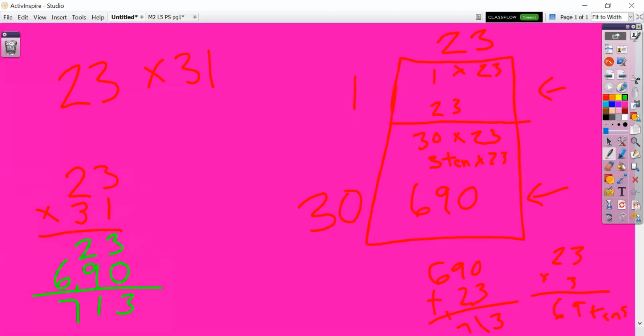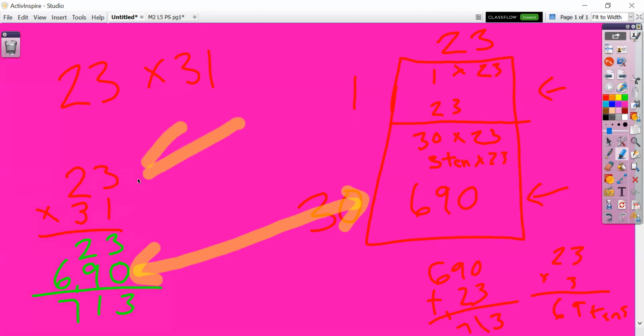Now, again, we can notice the partial products for the tens places also exactly the same. But what you'll notice is the standard algorithm side is a little bit more efficient, a little bit faster to do it. One of those reasons is it already stacks your partial products perfectly for you.